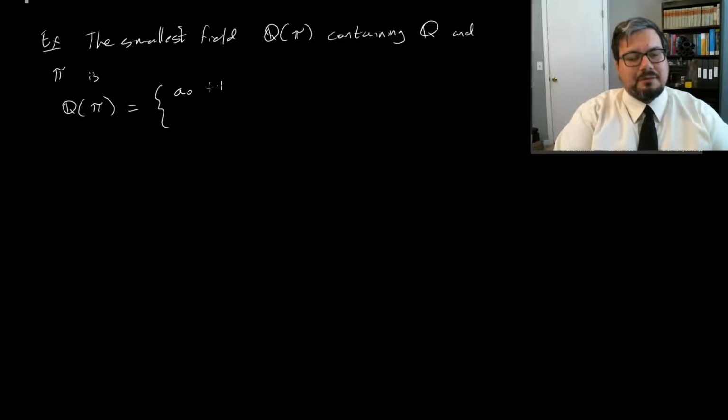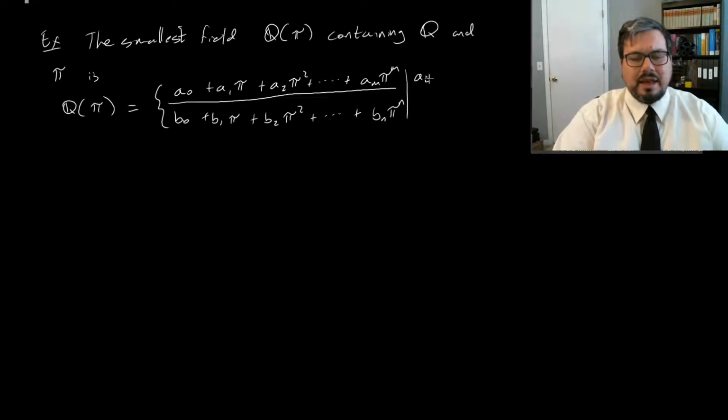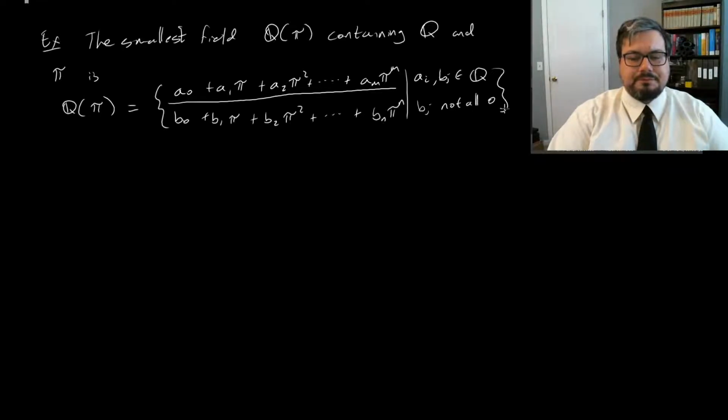And so it's of the form a0 plus a1 pi plus a2 pi squared, etc., plus am pi to the m, all over b0 plus b1 pi plus b2 pi squared, etc., plus bn pi to the n, where the ai and the bj are elements of the rational numbers, and the bj are not all 0.